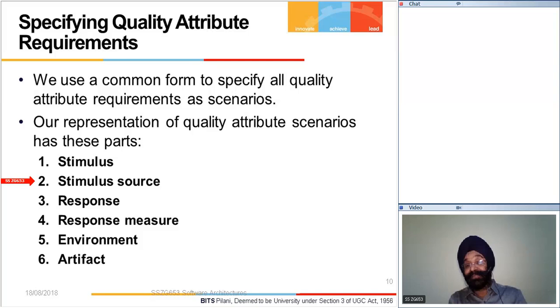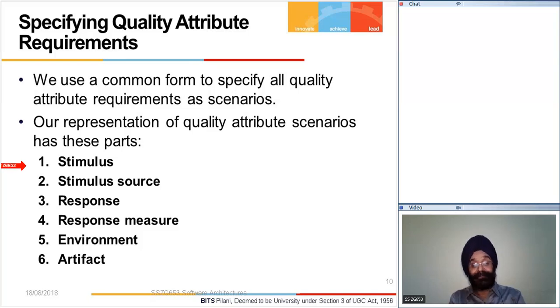But that's the environment, and the artifact is Divya. The response was to ask a question. The response measured could be, is this question important enough to answer immediately, or can it be answered later? Is the question difficult to answer, or is it easy? There are various ways, and that again we'll have to quantify it. So measurement has to be quantifiable, measurable, can be established, and we'll go in for examples on quality data.